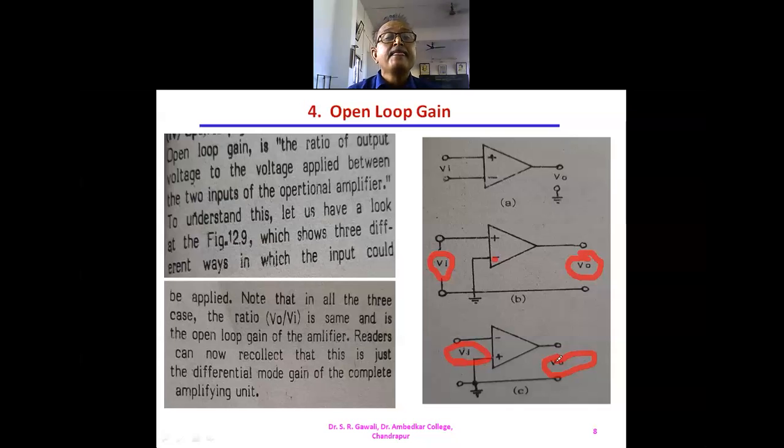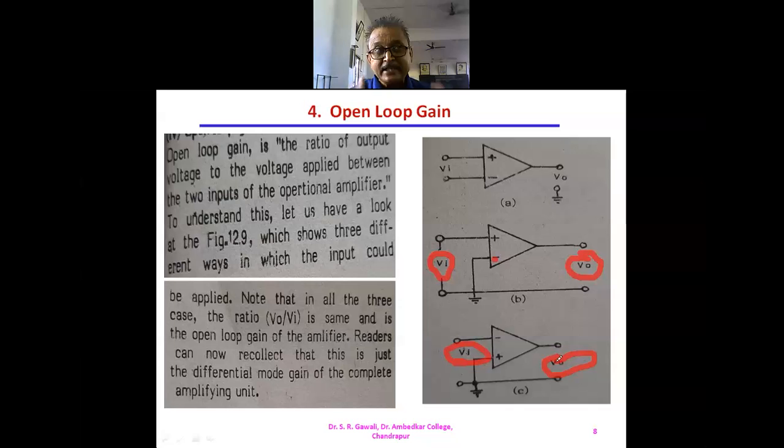Now here, what should be the ideal characteristics of the open loop gain? What should be the ideal open loop gain of the operational amplifier? It should be very high, VO upon VI. Input should be very small, output should be very large, so that VO upon VI, which is nothing but open loop gain, is very large.